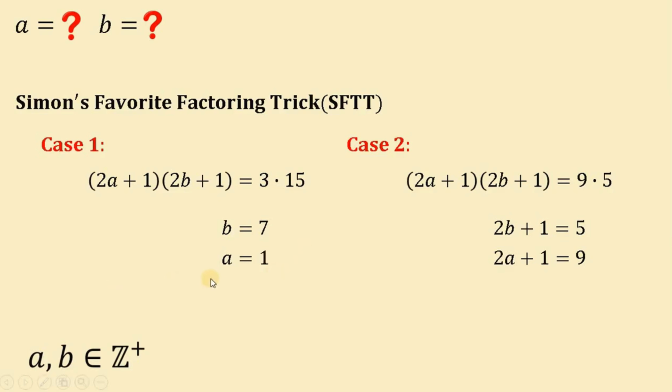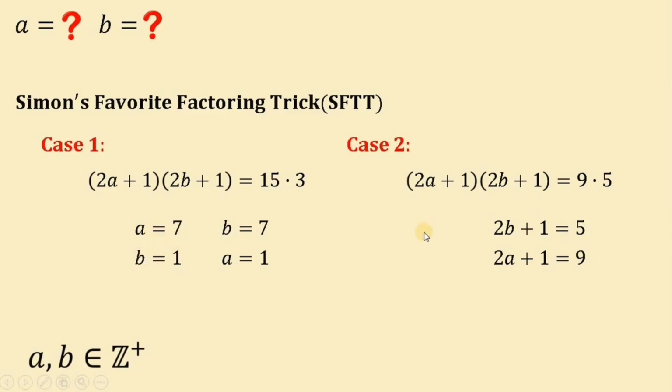So if a is 1, b must be equal to 7. Now, how about in the case that (2a plus 1) times (2b plus 1) is equal to 15 times 3? We get that the value of a must be equal to 7 and the value of b must be equal to 1. So if a is 7, then b must be equal to 1.